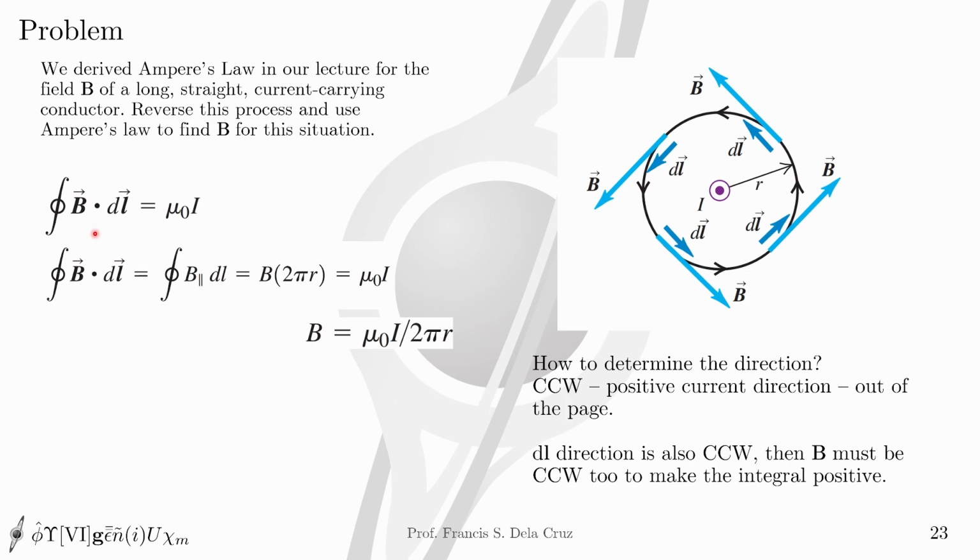If this integral is negative, the direction of the current must be negative, or the magnetic field is opposite to dl. And if dl is opposite to B, you should think that there's something happening to the current, might be into the page or out of the page. Okay? That's it.